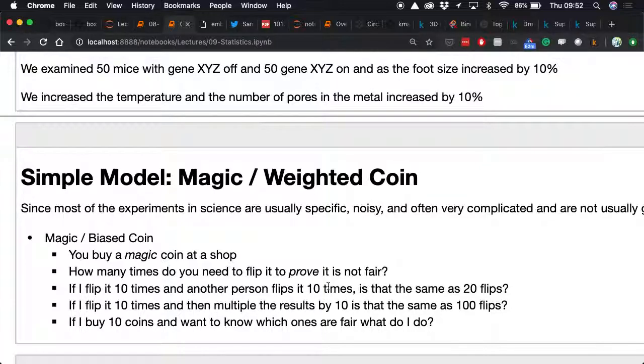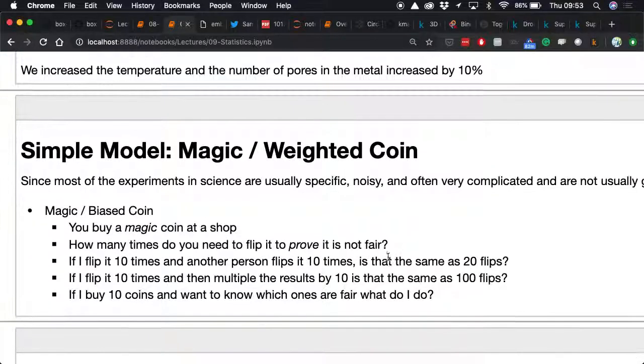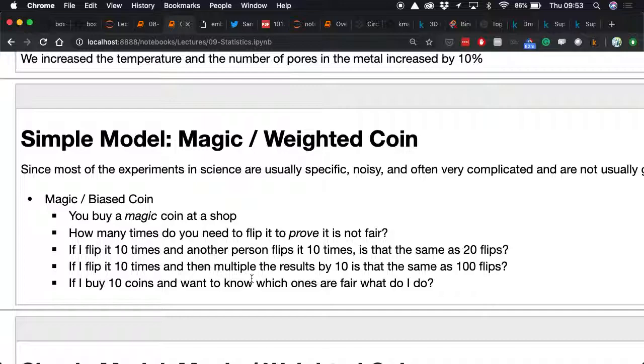And so it becomes a problem of, how do you decide what fair means and how do you decide if you've proven something or not. And so if it's really unfair, so if it's 100%, then you probably don't have to flip it that many times to show it's unfair. If it actually gives you heads 52% of the time, then you have to flip it a lot more times in order to show that it's actually unfair.